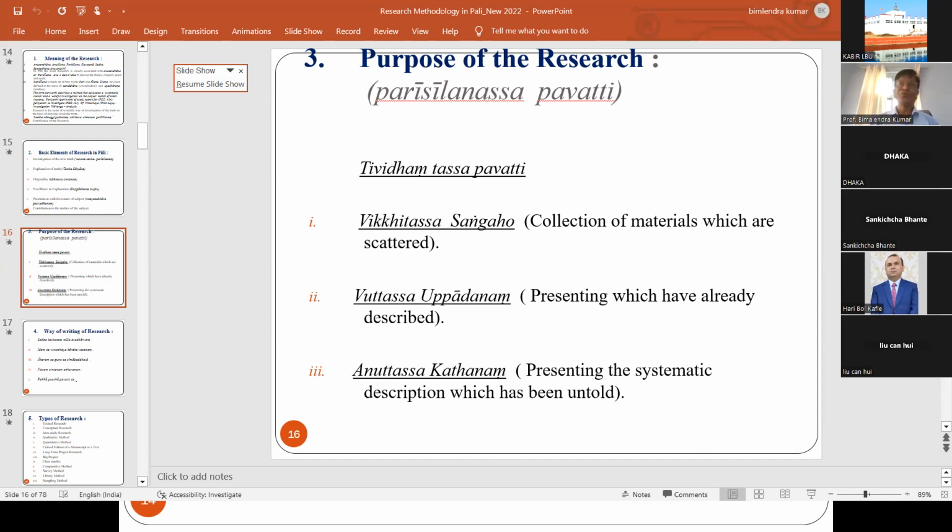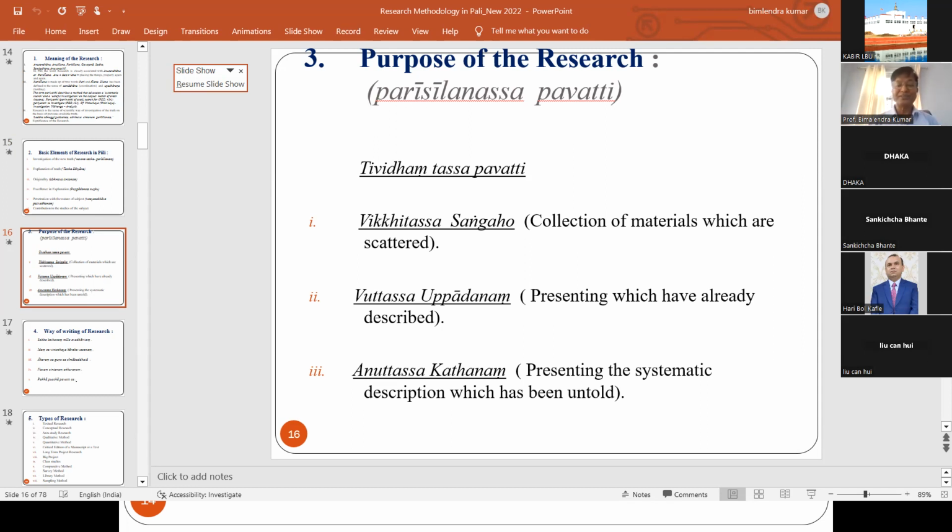Whenever you are making a research proposal on your topic, you must have aims and objectives of your research, and then the purpose of your research. What is the main purpose of your research? The main objective of your research is making advancement of knowledge in your ideas or any concepts also.